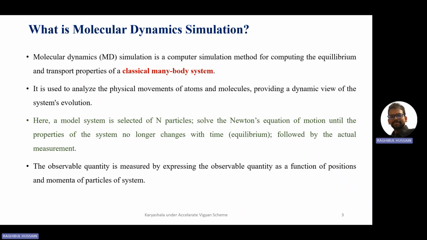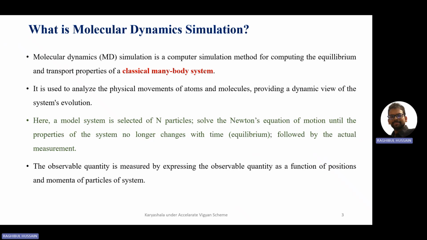The idea lies here, the classical second law of motion. As you know, Newton's second law of motion does not tell about bond breaking phenomena. That means the quantum chemical phenomena, sub-molecular phenomena like bond breaking and bond formation, cannot be explained by molecular dynamics simulation.